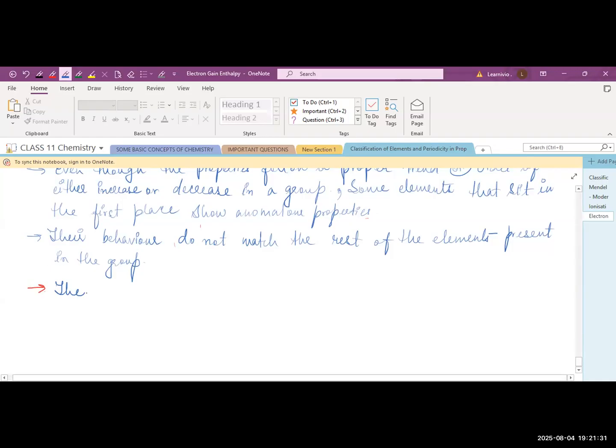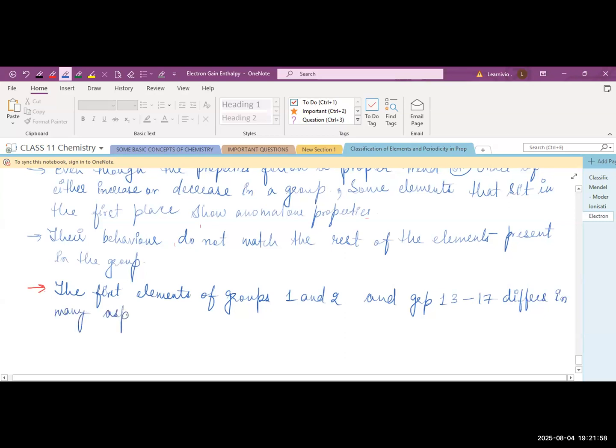So write down: the first element of groups 1 and 2 and groups 13 to 17 differ in many aspects from their subsequent elements of the group.